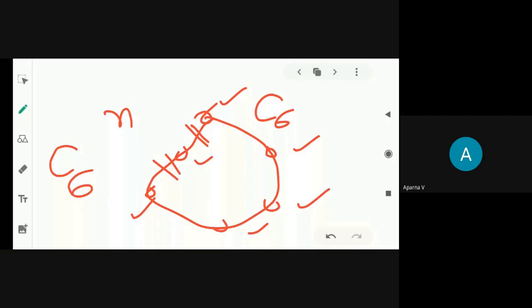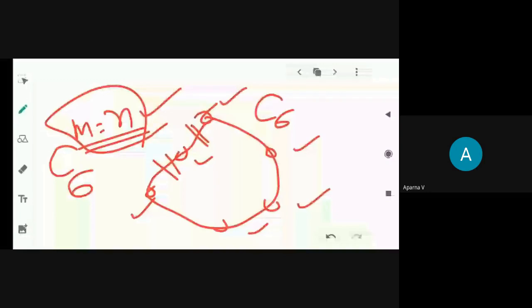My natural question for the students: can you tell me whether this is the only possibility where you can have m equal to n? Can you have another case? Of course, for example, if I add a 7th vertex here, then also m is equal to n, because there are already 6 edges here and one more edge came.